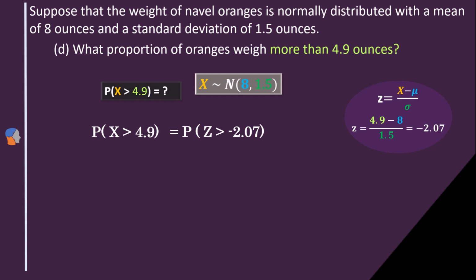Can we use the table now? No. Why? We have the z value here, but we have a greater than part. So we need to write this as a less than. How do we write this? Always 1 minus the probability of z less than or equal to negative 2.07. Now we have the z value and less than also.